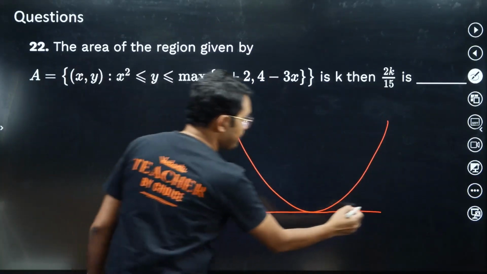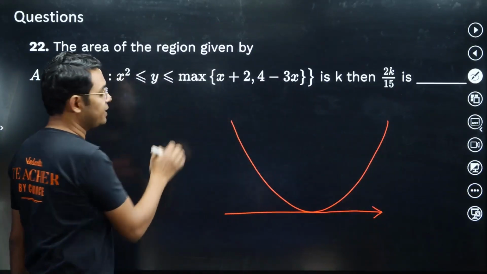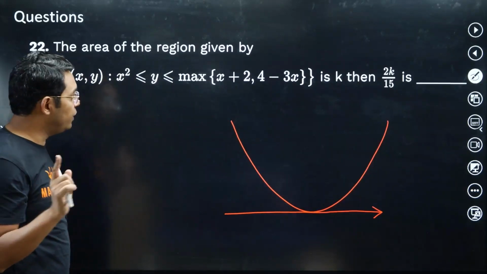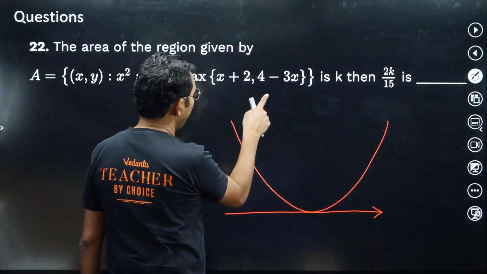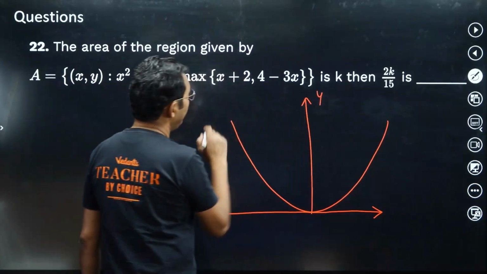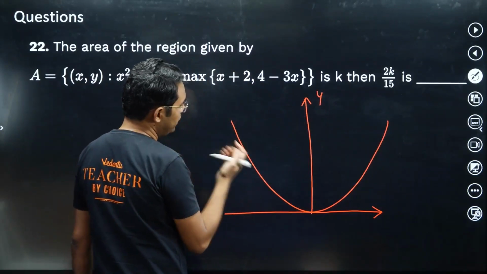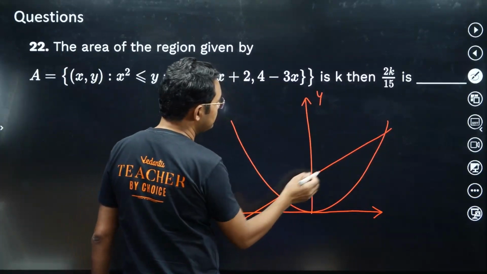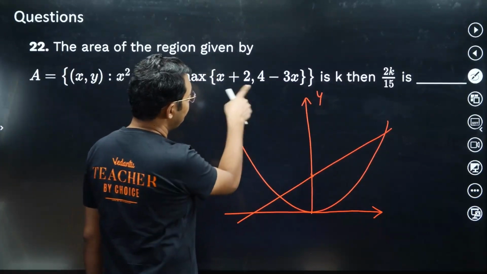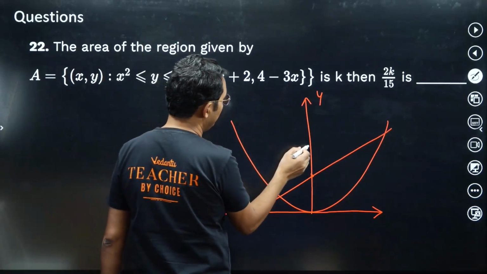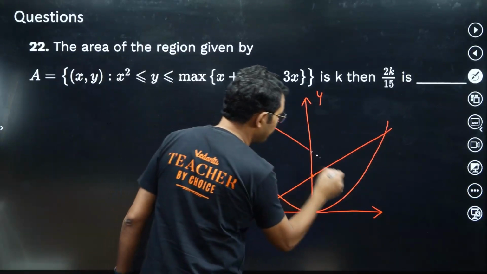Okay, and its latus rectum would be 1, because x square is equal to y, so the latus rectum length is 1. And this line x plus 2, this is my y axis, let's say. The line x plus 2 would have, I think, 2 as the intercept on the y axis, and slope 1, and 4 minus 3x will have y intercept equal to 4, so this will be a line something like this.